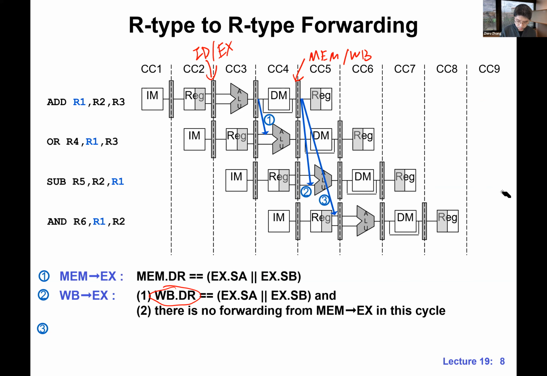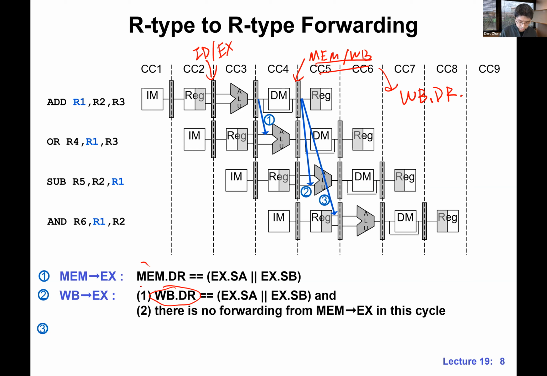From this register, that's where we find WB.DR, right? We basically look at the register on the left, because this is something that we are reading from in the current stage.